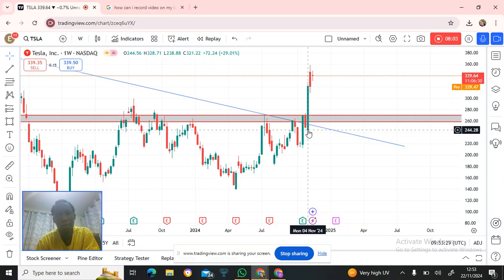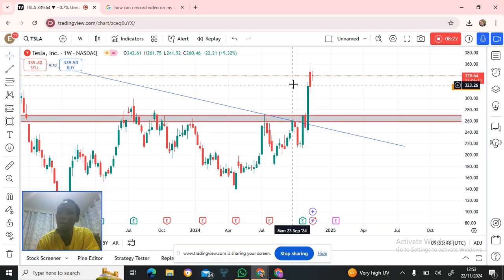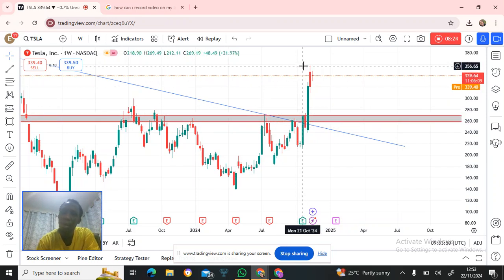This is November 4th, 2024. The week before that, the last week of October, you can see one share of Tesla was around 270. One share was retailing at around 270. But now, after the election, it went all the way to 359.